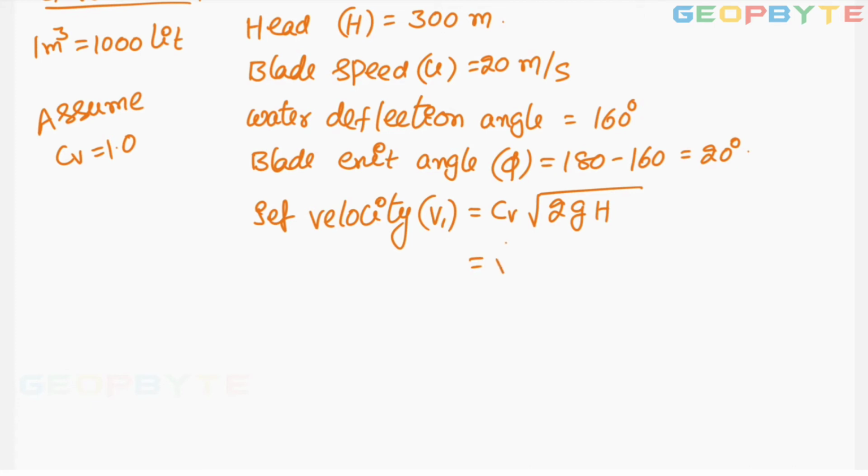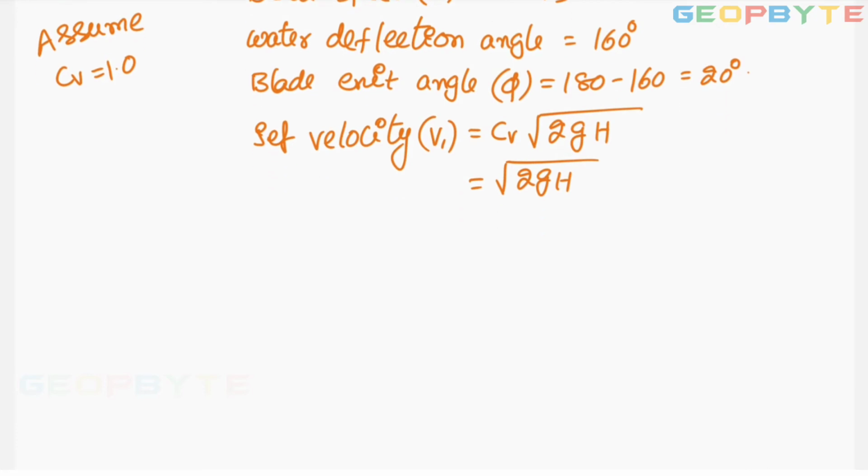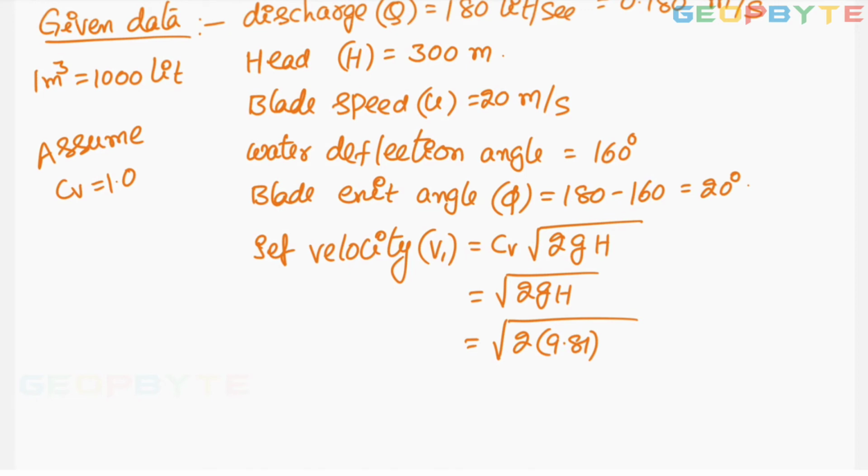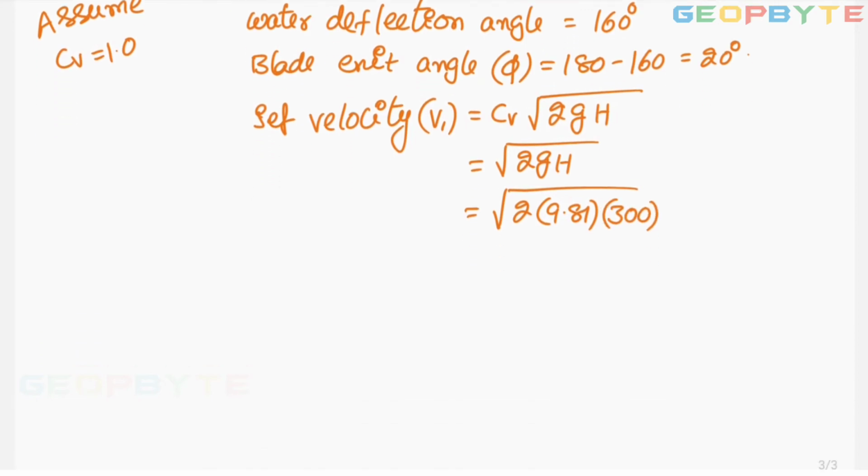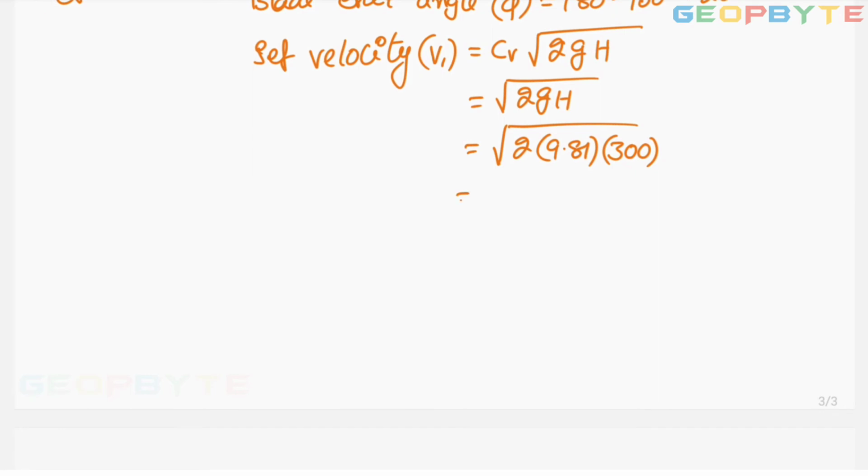So it is equal to root 2gh. So jet velocity equal to root under 2 into g 9.81 into head available is 300 meters. Simplify this value for getting the jet velocity 76.72 meters per second.